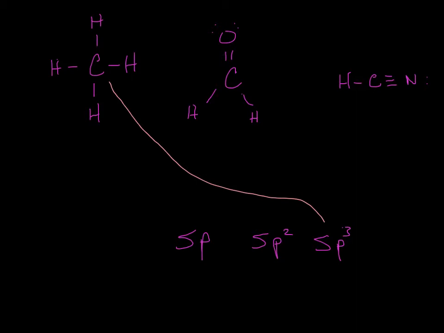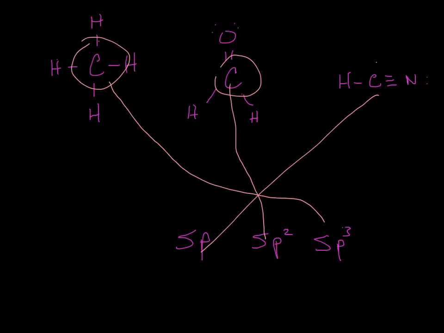The other bond between the oxygen and the carbon would be the pi bond. So this is sp2 hybridized, and over here I've got an sp, and then you have 2 pi bonds here. This would be your sp hybridized. So this has an sp carbon, this carbon would be an sp2 carbon, and this carbon right here would be an sp3 carbon.